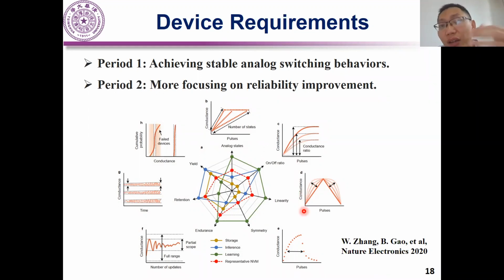So in this case, it is difficult to make the network converge. So I think this linearity is very important. And in fact, there's a lot of work on this type of simulation. We just use this weight update behavior model to do some network simulation. All the work found this linearity has significant impact on the network training.